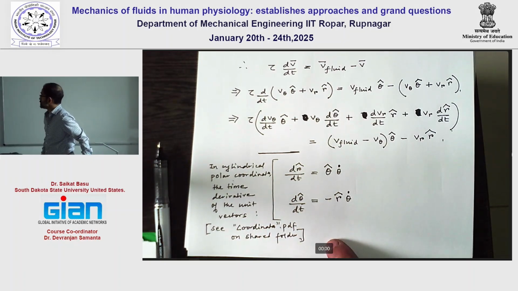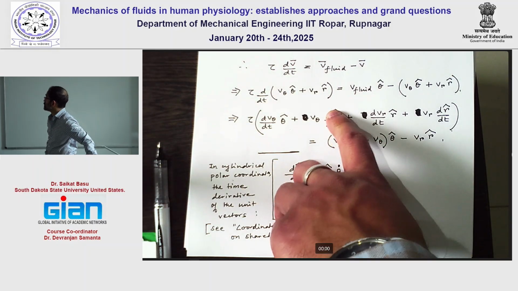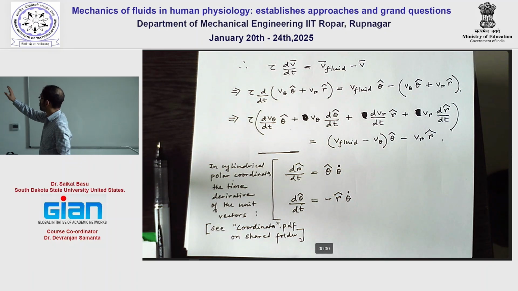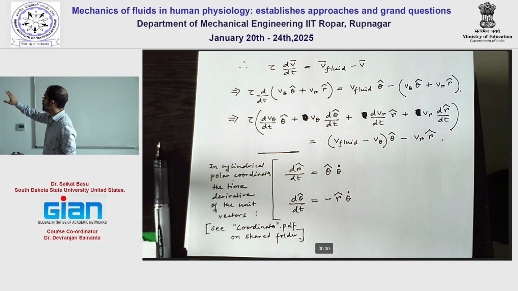So the obvious next step would be to plug these things back into the previous equation. So let's do that, and then we are trying to isolate the theta component from the left hand side and the right hand side, and the r components as well, and see as we equate those components what we can get from there.